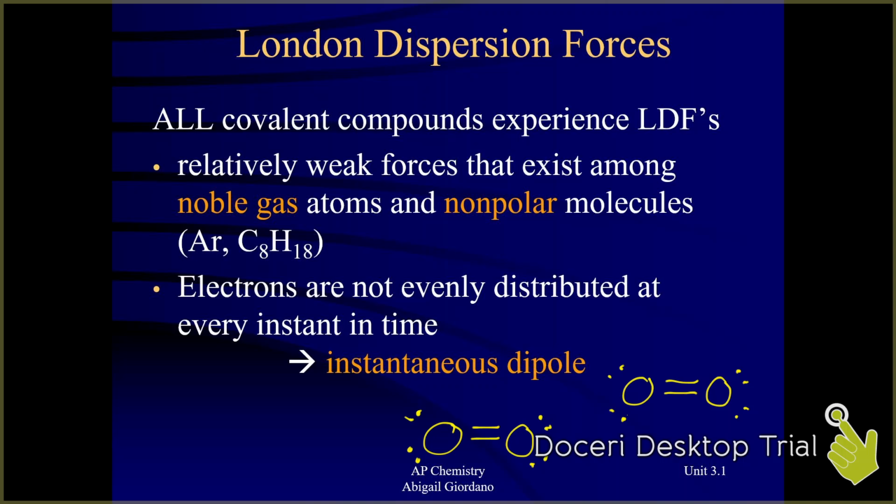Meaning the electrons are just ever so slightly pulled on one side of the molecule versus the other, which gives the molecule just a slight imbalance in charge, but again, just a slight imbalance and only for a moment. That's what that term in front of us, instantaneous dipole, is referring to. It's polar, but only for a split second.